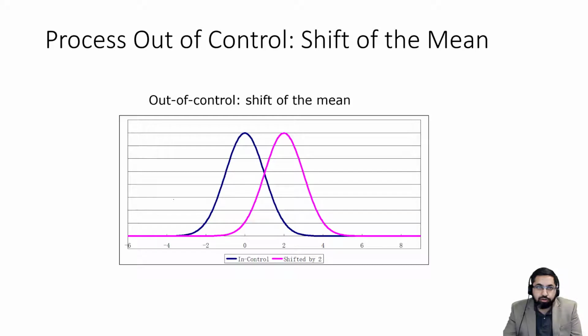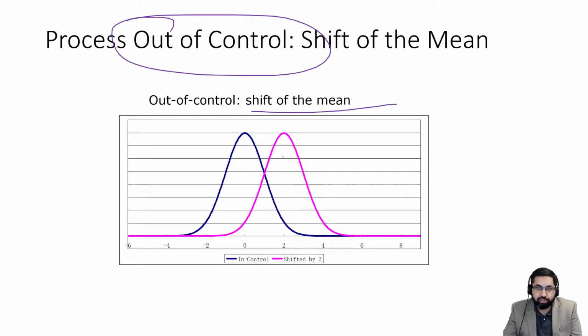Okay. Now you can go out of control by doing one of 2 things. One is called a shift of the mean, which is when the process drifts off target. So the in-control process was rightly centered, so this would be like your target value. Somewhere here is where you want to be. And when you were in control, you were centered around the target value. But now as you get out of control, your average drifts.